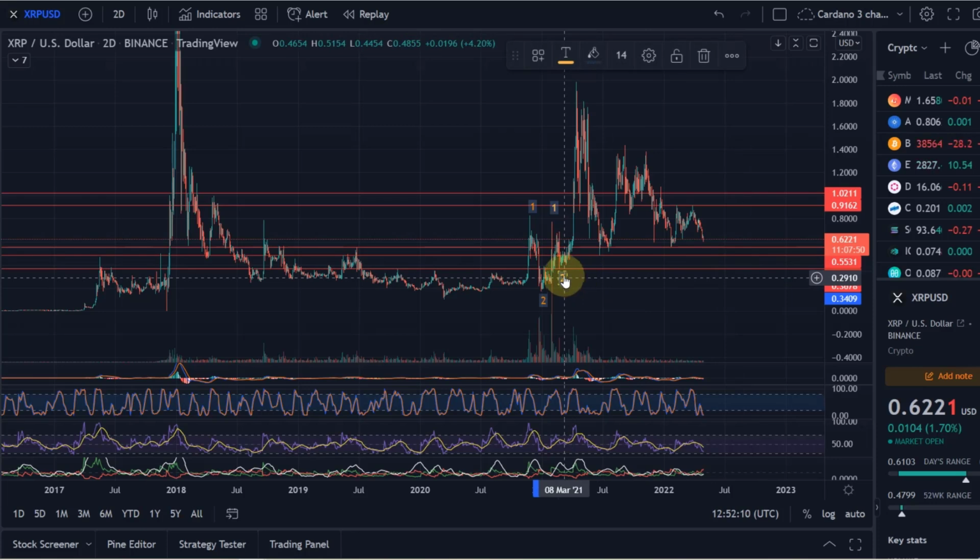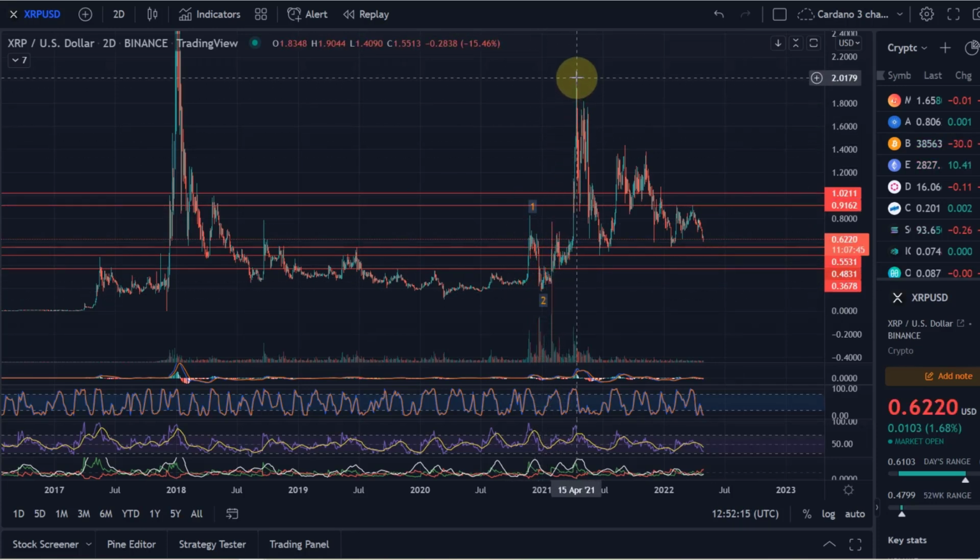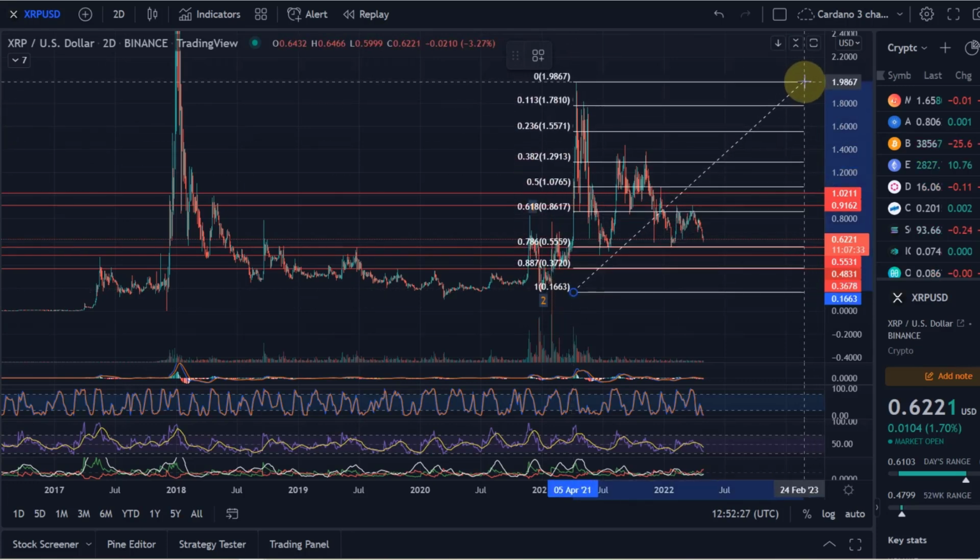Then I basically have to assume that this here is a yes 1-2, 3, or no, 1-2, and another 1-2, yes, but I would then have to take here the Fibonacci levels.